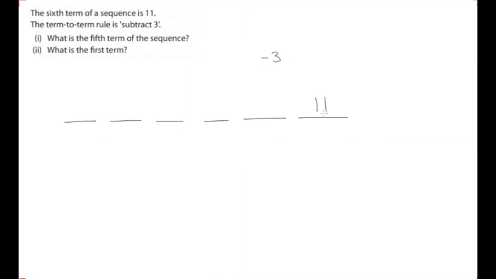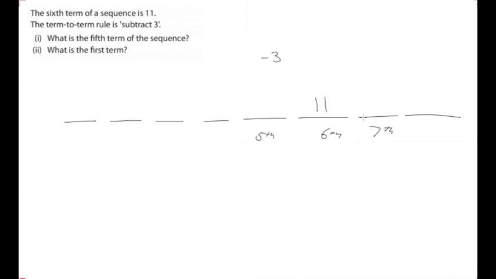Okay, so as the sequence continues, we are going to be subtracting 3. So we know that this is the 6th, and this is the 5th, and this would be the 7th, wouldn't it? So each time we're subtracting 3 as it goes on.